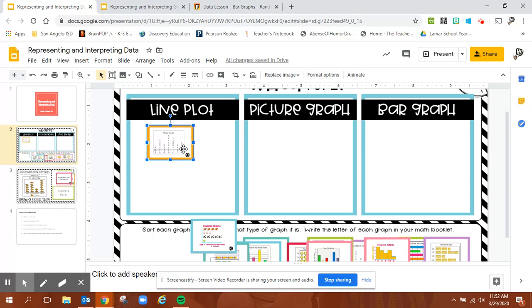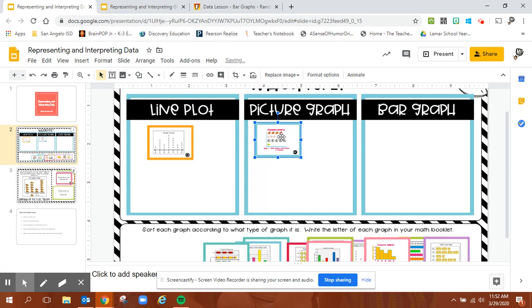And all those X's really mean is, this is a person, this is a person, this is a person, okay? So that's a line plot. A picture graph. Now this word right here, picture, gives us a really big clue. This kind of graph uses pictures to represent data. So let's look at this one right here.